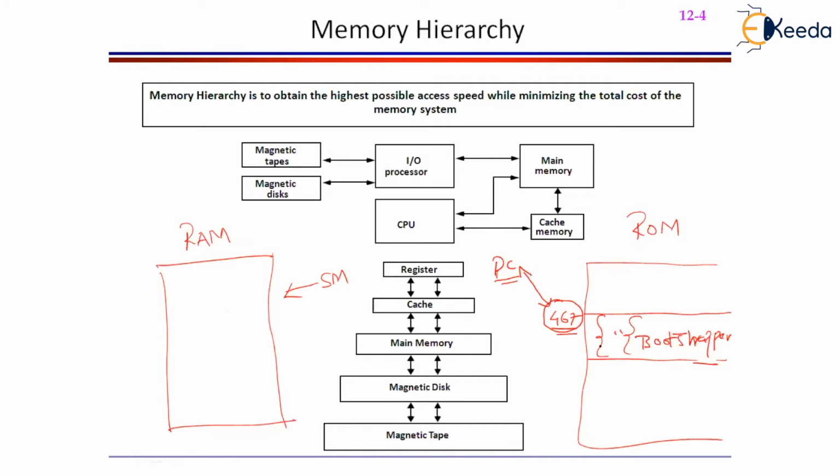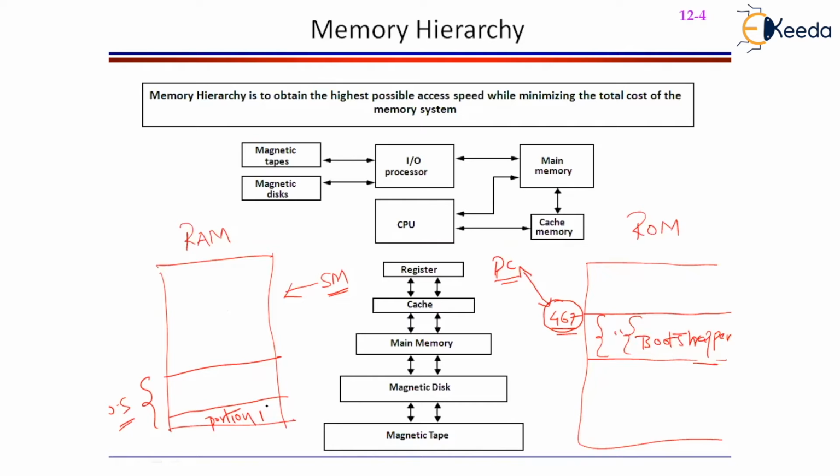The moment this Bootstrap loader program finishes, a portion of the operating system will get transferred from secondary memory to RAM. Let us say this is the complete operating system, but of the entire operating system, only the first portion, the initial portion, portion one, will get transferred from secondary memory to RAM.